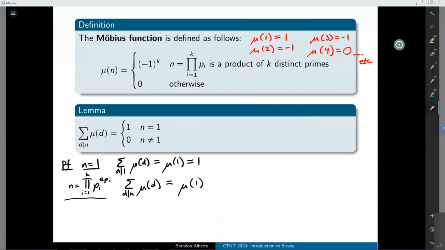That's a possible choice. Each of the individual primes, those aren't divisible by any squares, and they're divisors of n. Those are all possible choices.